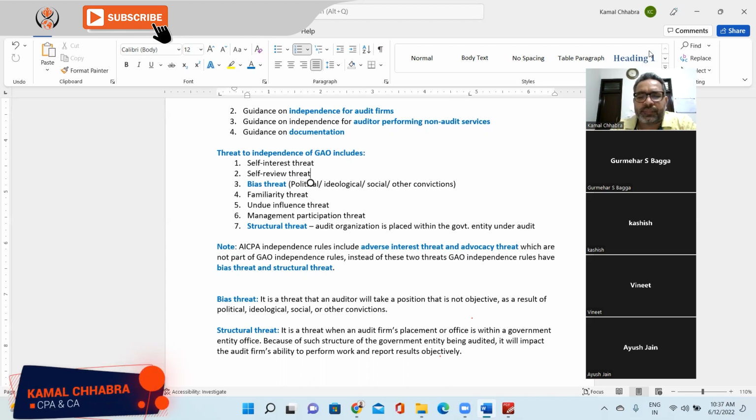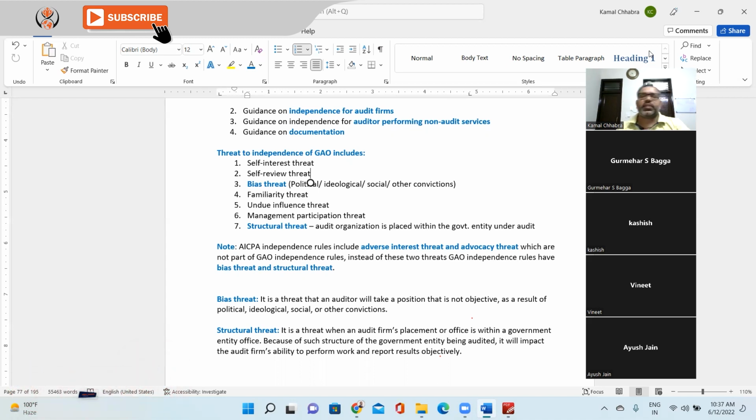These big PSUs have a huge amount of land and space, and to most of their employees they give free accommodation. In the same way, they have provided you accommodation as well as office space in their premises, right?